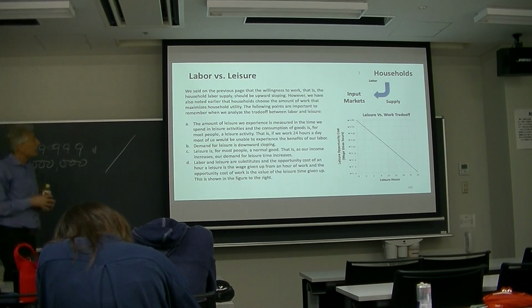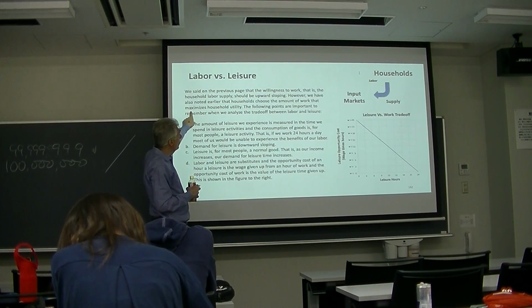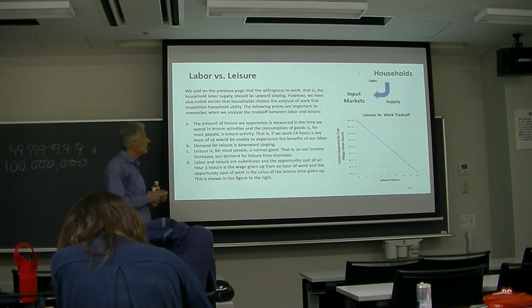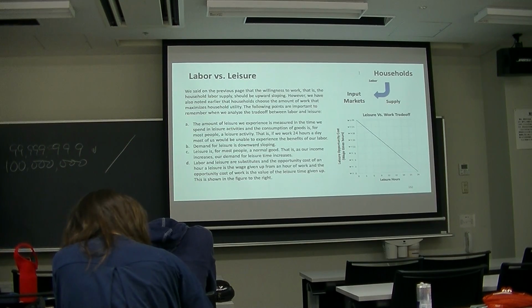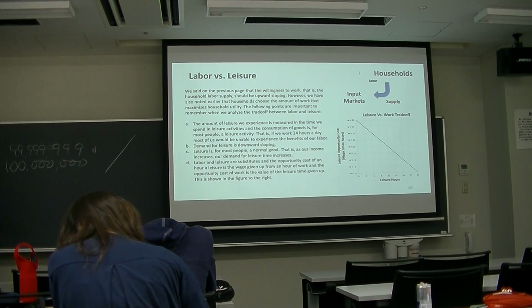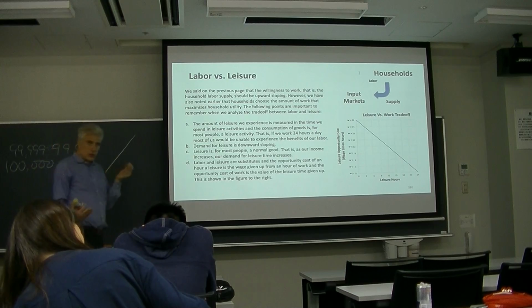At the same time, households choose the amount of work that maximizes household utility. And the thing about that is that leisure is also a good. The time that you don't work is a good. There's also an amount of happiness when you're able to do things other than work. So there's a trade-off.